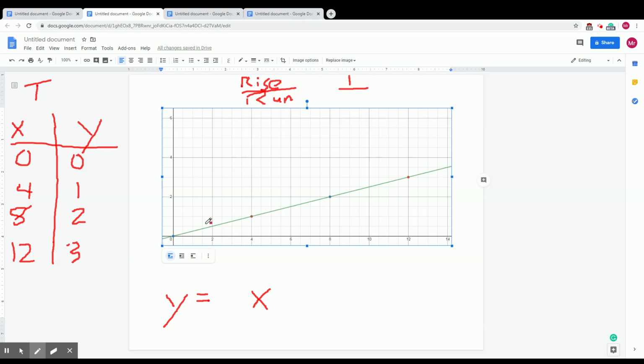Now I'm going to see how far it's ran from point to point. Now from here to here, it's gone over 4. All right, now this right here, something I haven't gone over with you guys, but it's called a slope. Rise over run will get you what your slope is, and your slope always goes in front of your X. Okay, that'll be your equation.